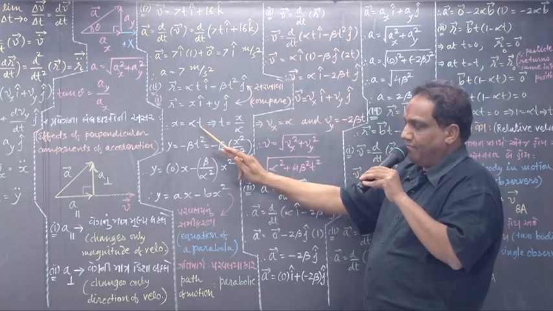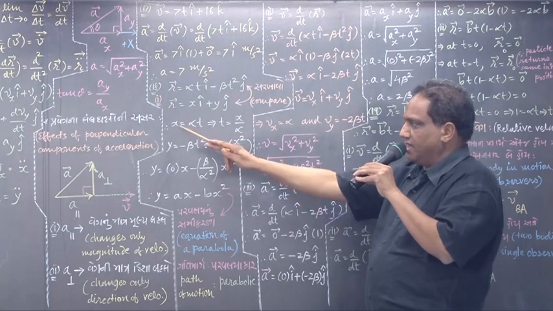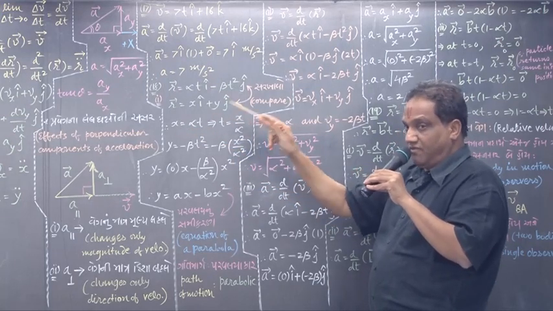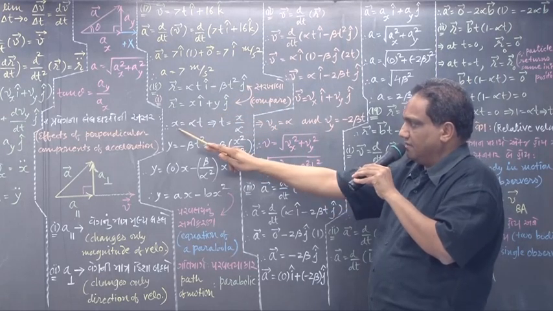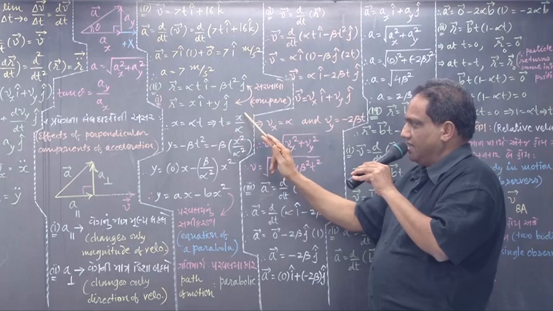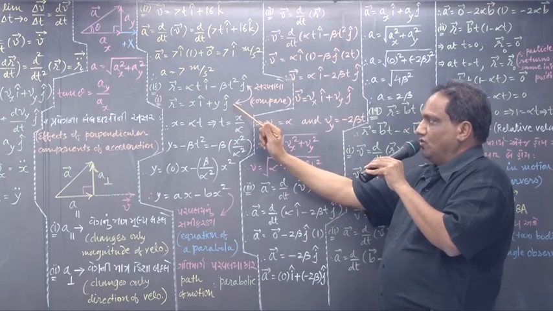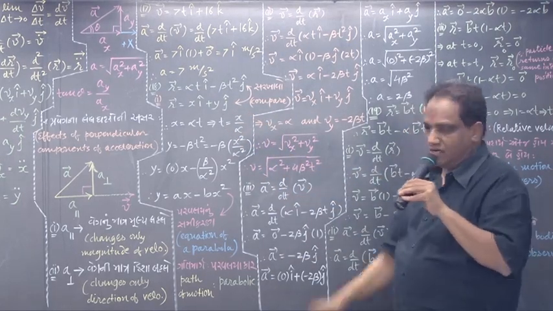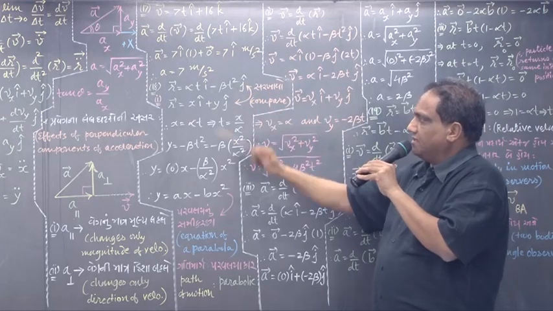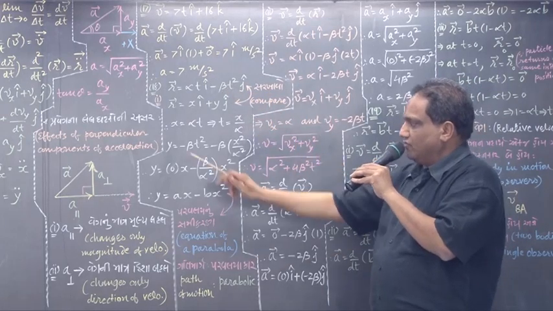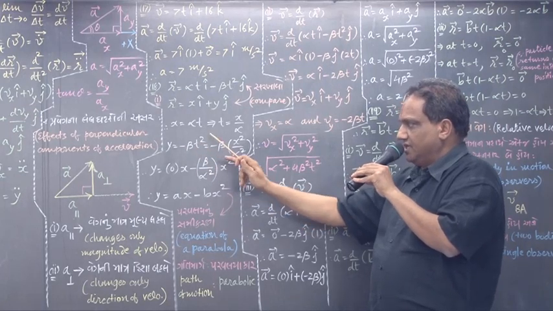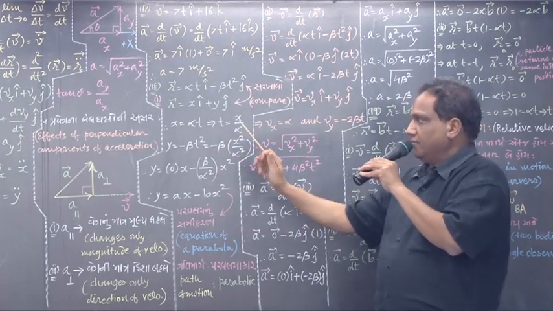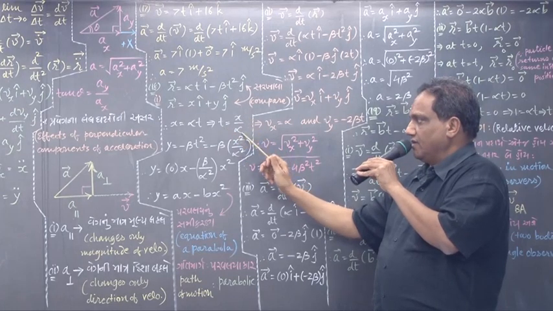Find out t. t is x upon alpha. Now what is the coefficient of j hat? Minus beta t square. So y equals minus beta as it is, t square. Make the square here: x square upon alpha square.